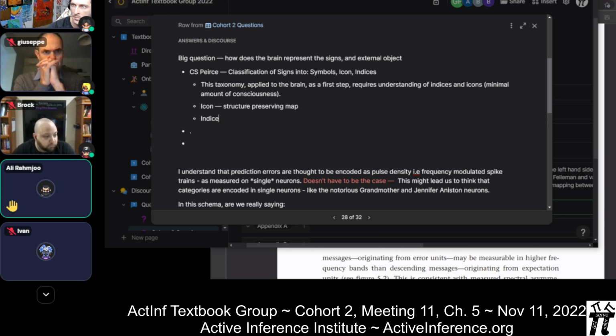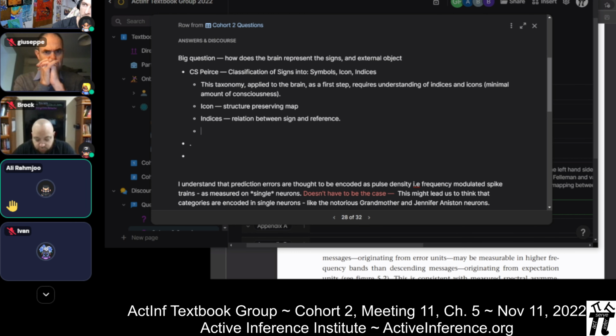So before representing the tokens of an object as an index of an external object, we need to have a kind of map or an icon in order to map that token of index to our icon, right?